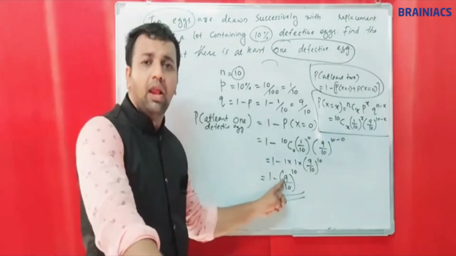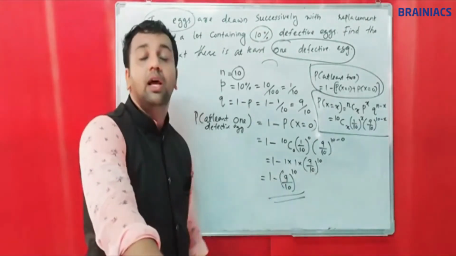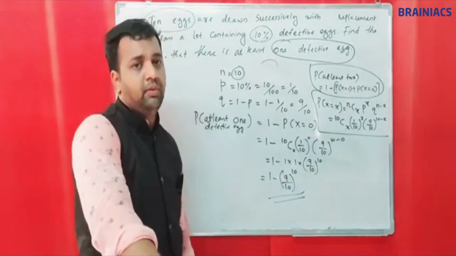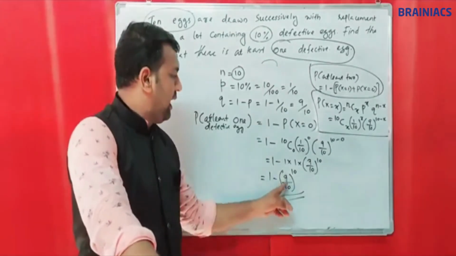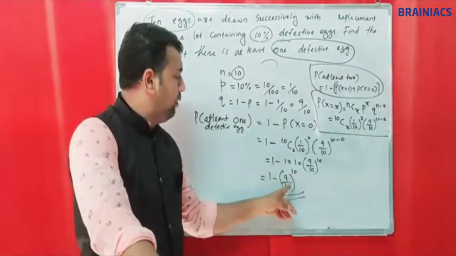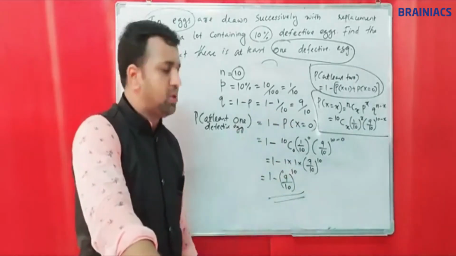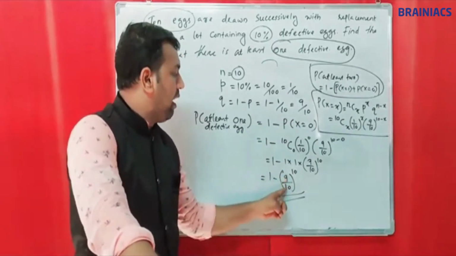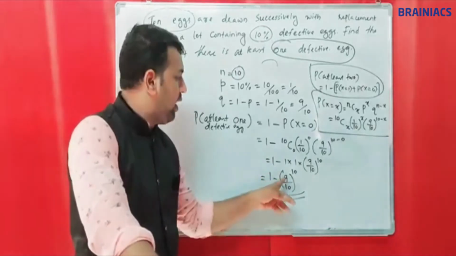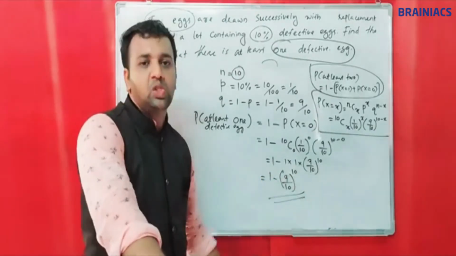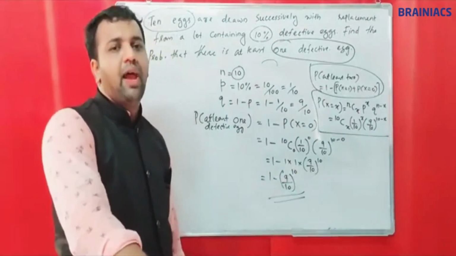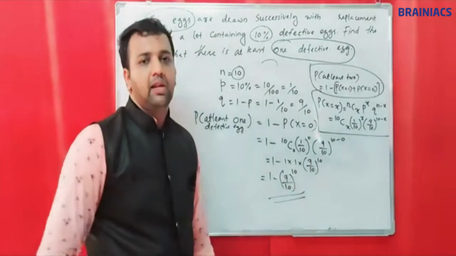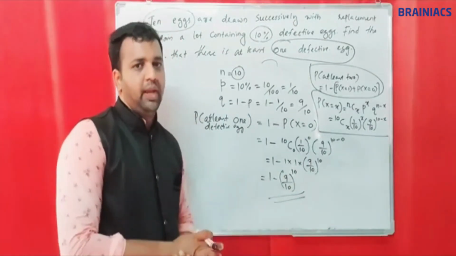There is no need to find out 9 by 10, the whole raised to 10, because 9 raised to 10 is a higher value and 10 raised to 10 is also a higher value. So the final answer is 1 minus 9 by 10 the whole raised to 10. Okay.